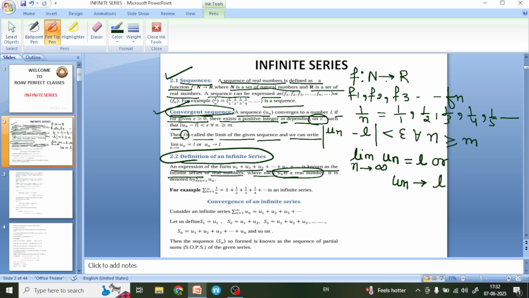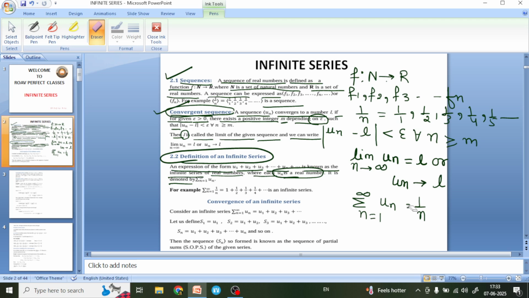It is denoted by sigma, n equal to 1 to infinity, un. For example, sigma n equal to 1 to infinity of 1 by n.